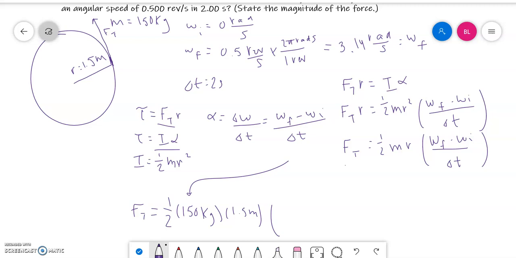So our final angular velocity is 3.14 radians per second minus our initial velocity, and we're at rest, 0 radians per second, and that change happens over a time period of 2 seconds. And we end with a force of 177 newtons.